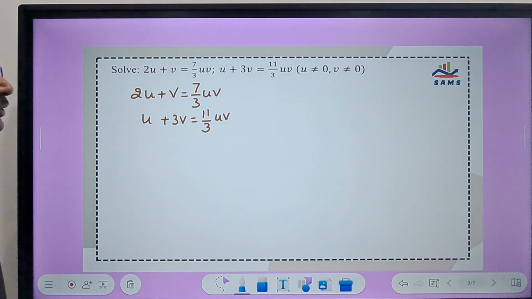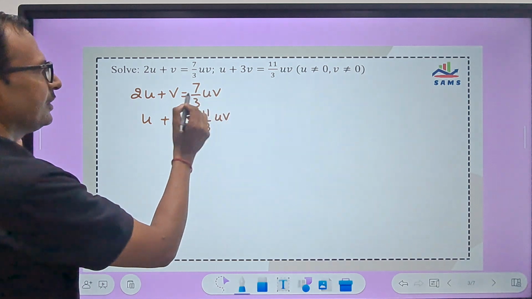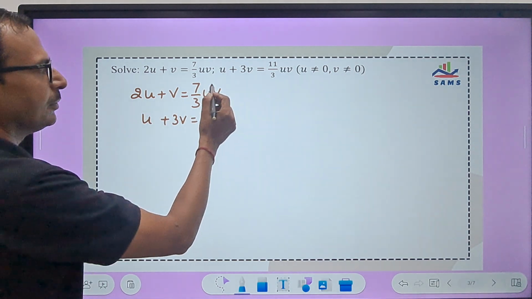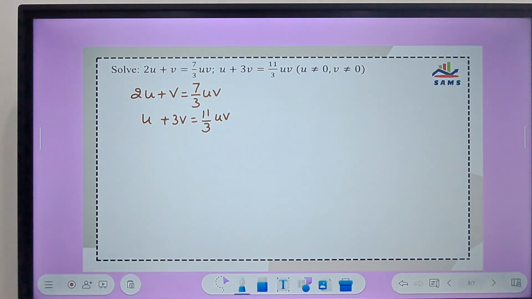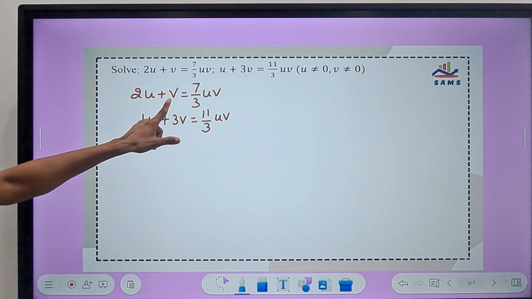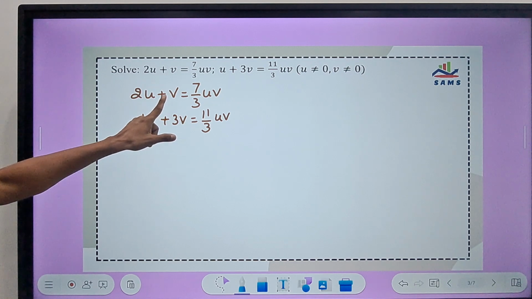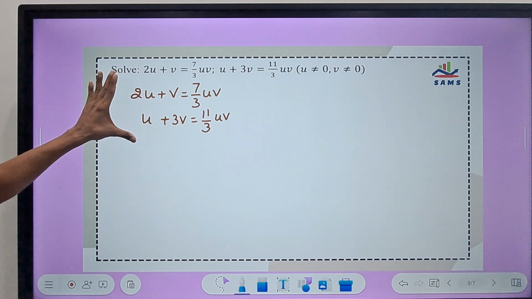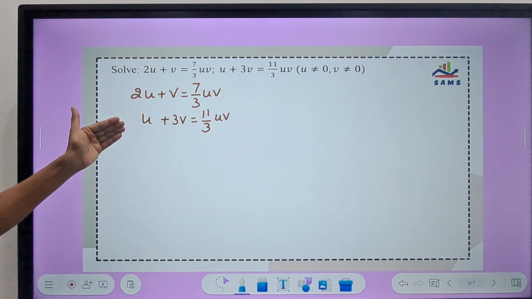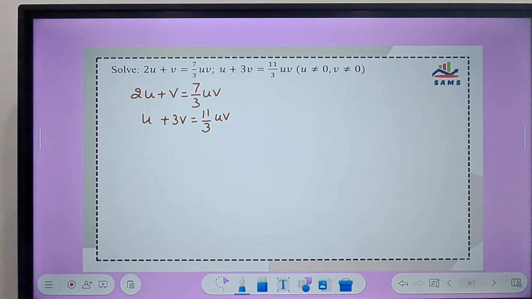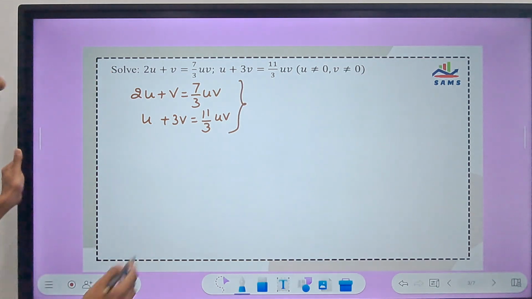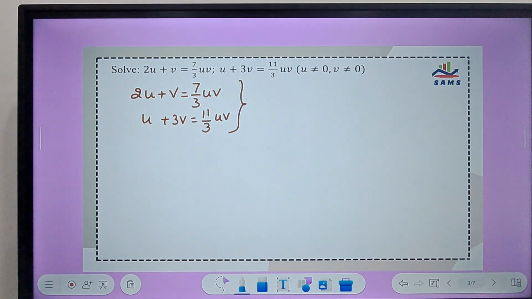The teachers are going to ask you to divide this equation throughout by this term uv. Okay, so you will get v in the denominator here and u in the denominator here, and so the equation gets converted to linear form.